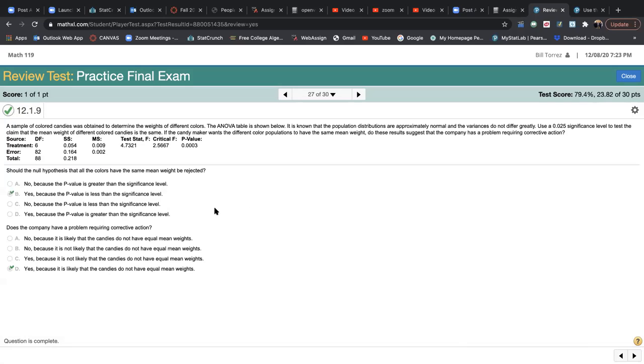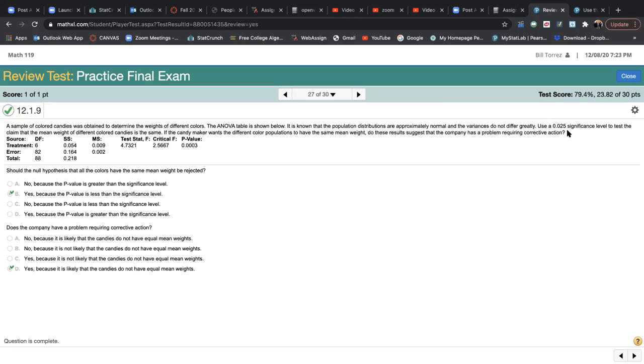Okay, and let's look at the next problem here. A sample of colored candies was obtained to determine the weights of different colors. The ANOVA table is shown below. And here we have some assumptions. It is known that the population distributions are approximately normal and the variances do not differ greatly.